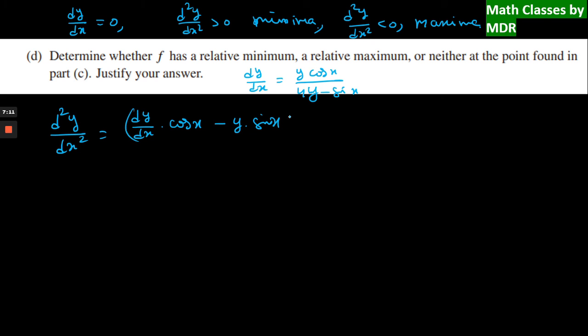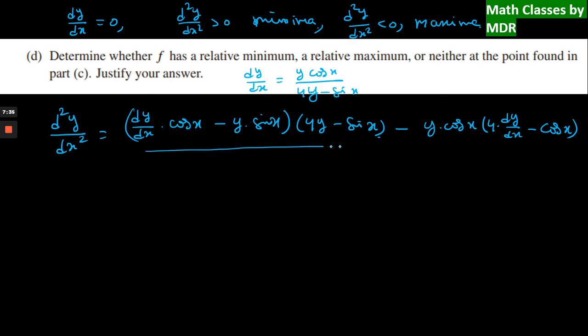So minus sin x into 4y minus sin x, and minus numerator into the differentiation of the denominator, 4 into dy by dx minus cos x. So the whole divided by 4y minus sin x whole square.